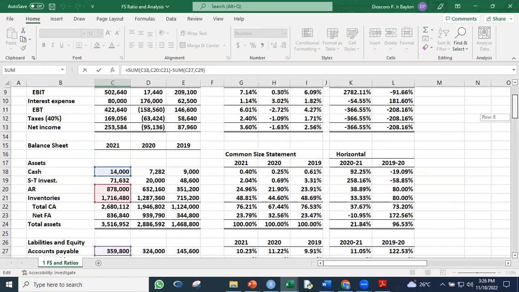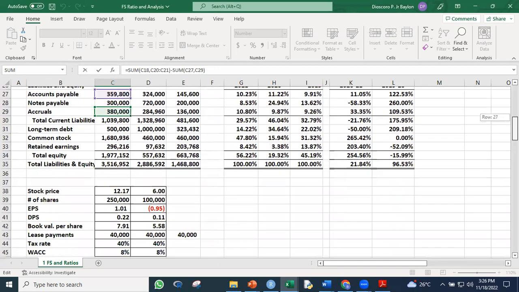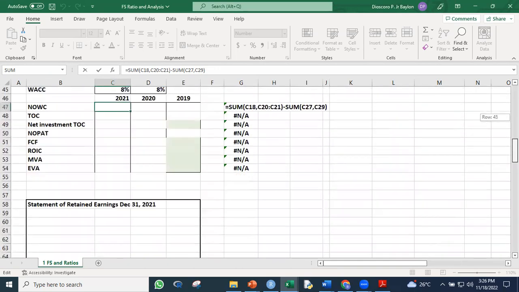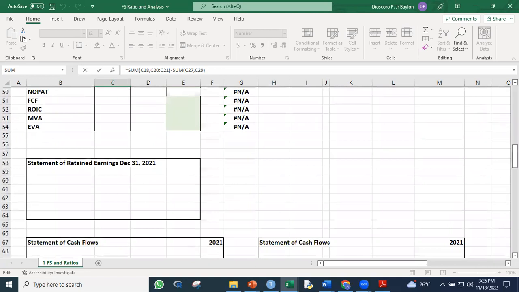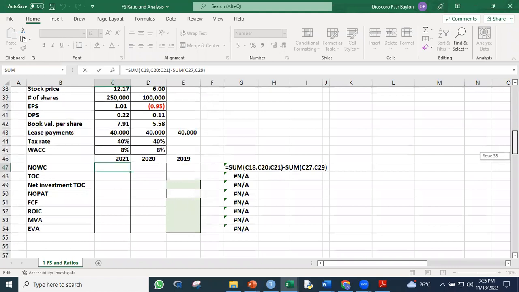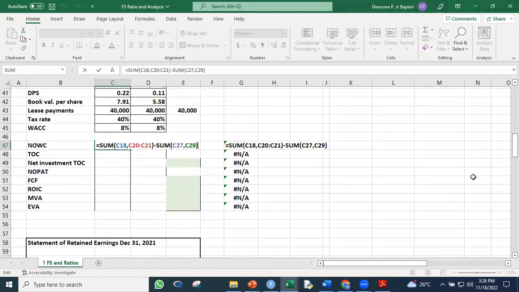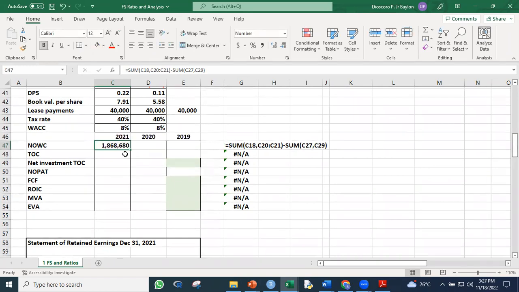Okay, pero di ba, pag NOWC, remember, class, iba yung net working capital as compared to net operating working capital. They're different, no? So, and then we copy to the right. So this is the formula that we use.